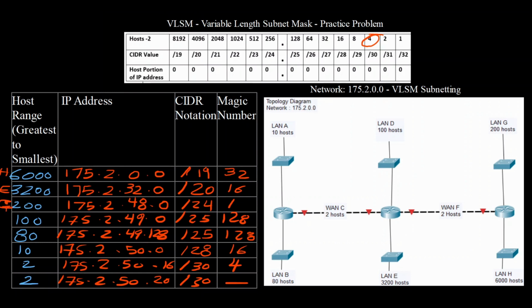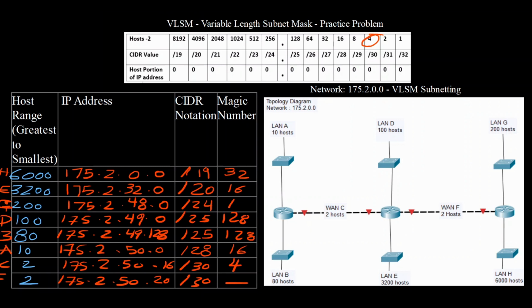We have 100 for D. We have 80, this is local area B. 10 for local area network A, and the C and F for the wide area networks.